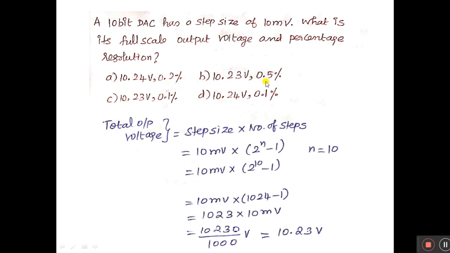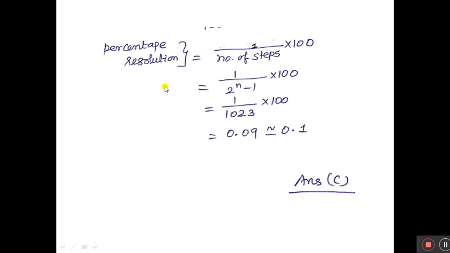So we can now check the percentage resolution, whether 0.5 or 0.1 percentage. The formula for percentage resolution is 1 by number of steps into 100, because the question is asked in percentage. So 1 by 2 power n minus 1 into 100, where n equal to 10.